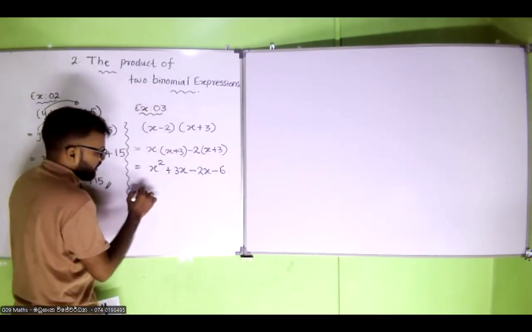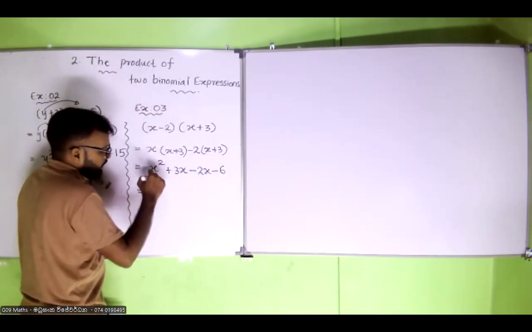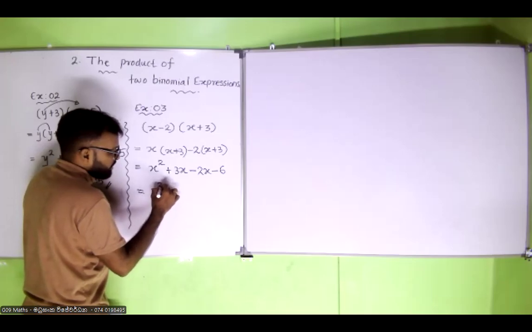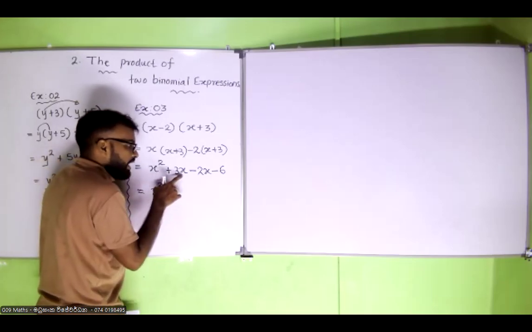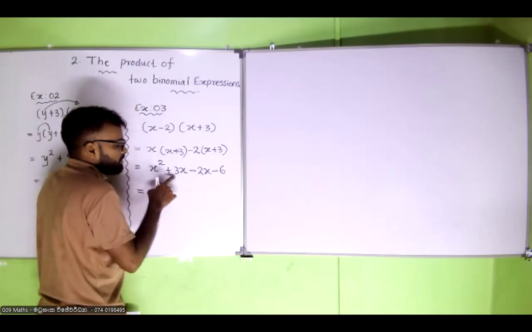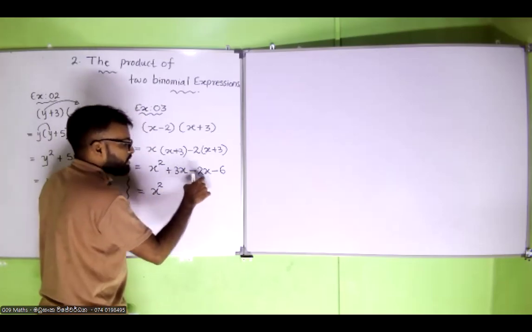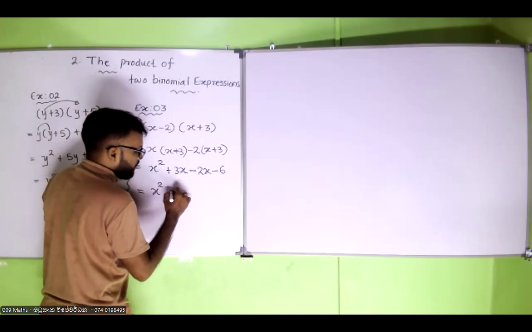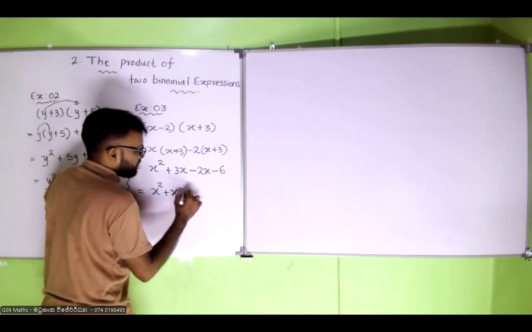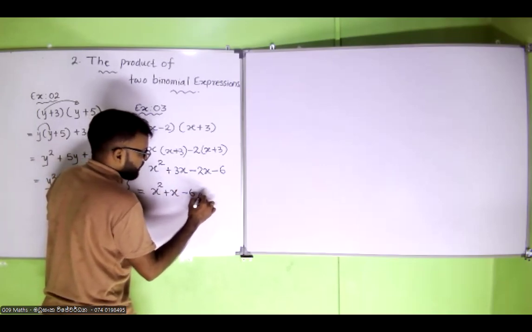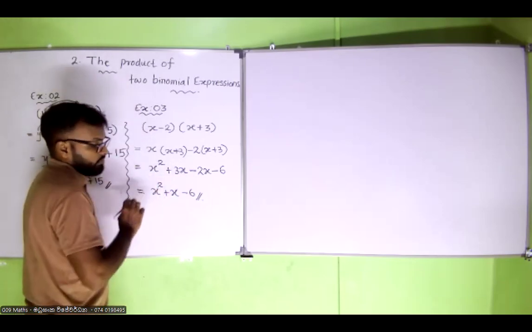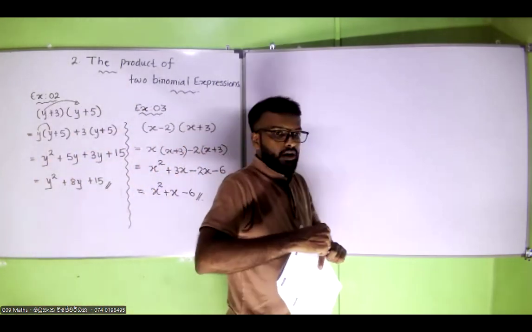Now, equal mark. X to the power 2, no other square terms. 3 apples minus 2 apples. 3x minus 2x. 3 minus 2, 1, positive x. Minus 6. Done.